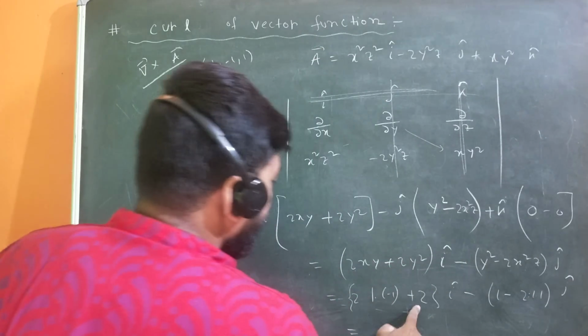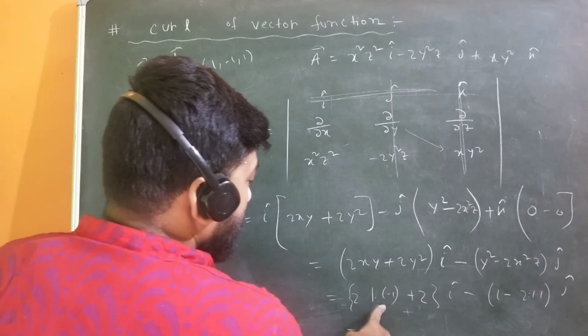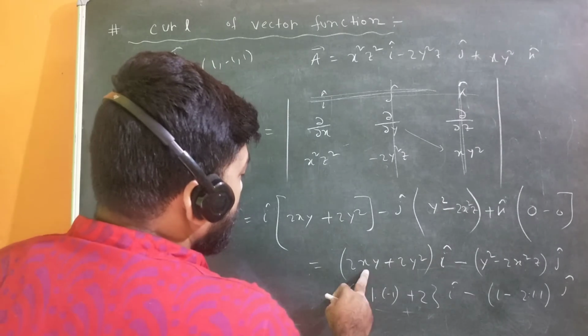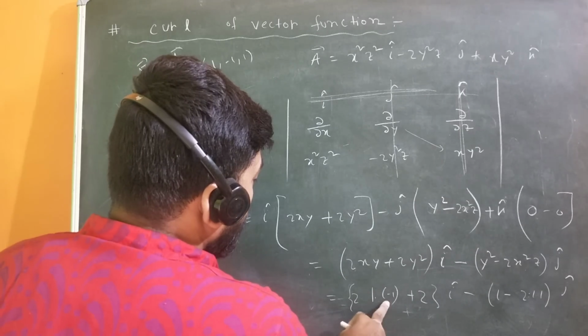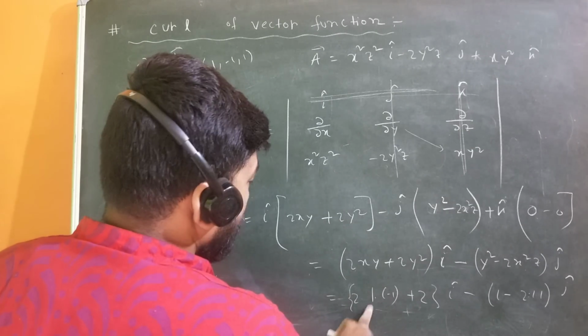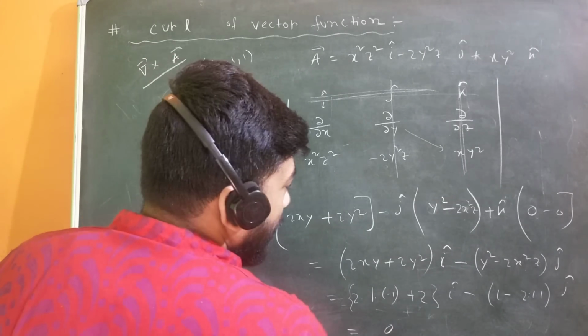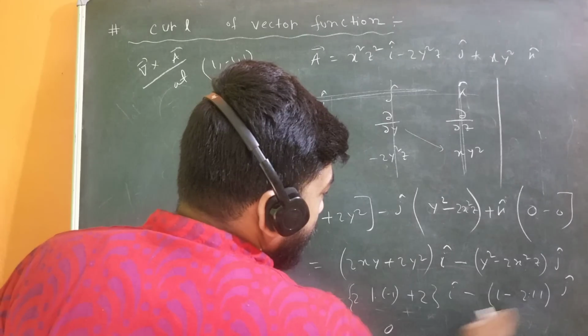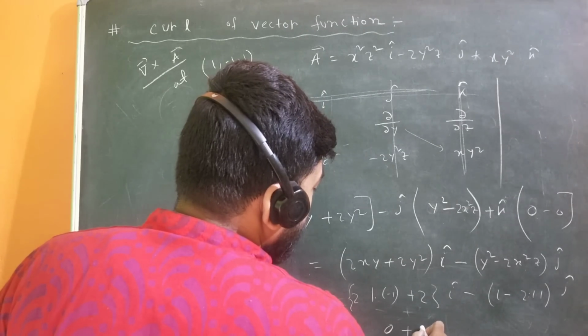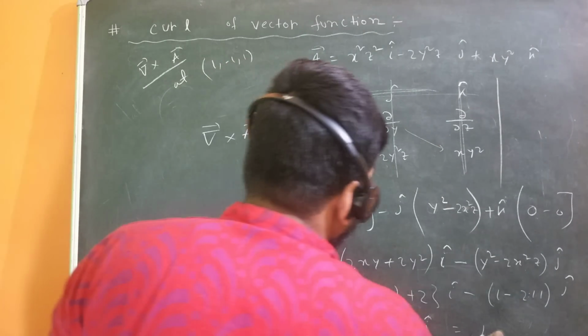So this will be 0, and this will be plus j cap. So it will be just j cap.